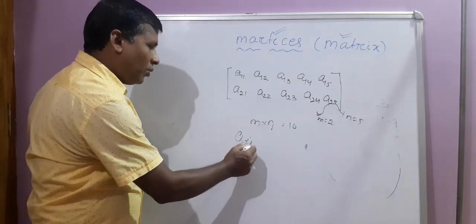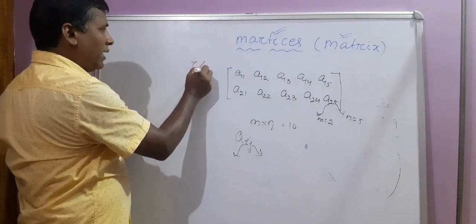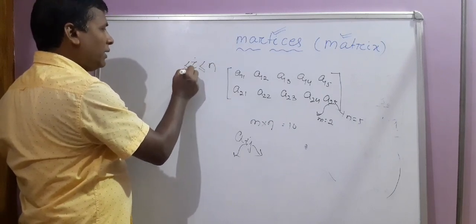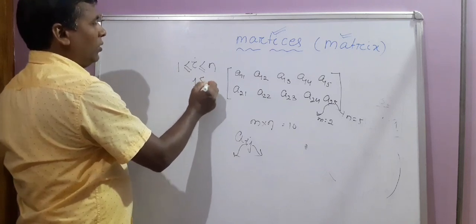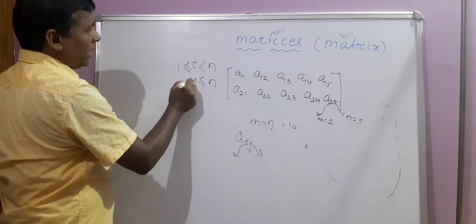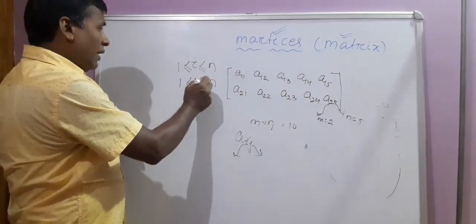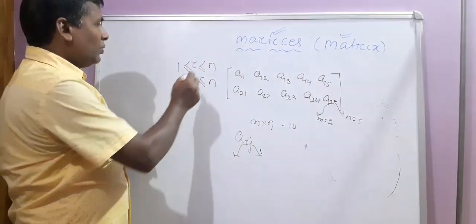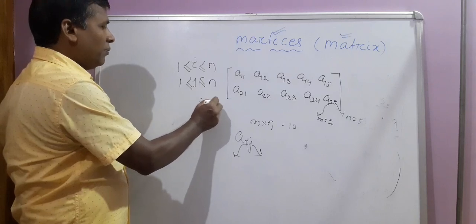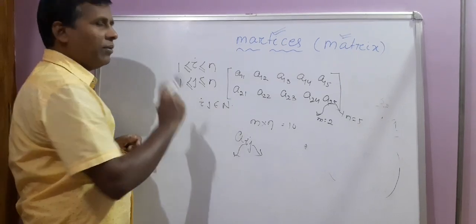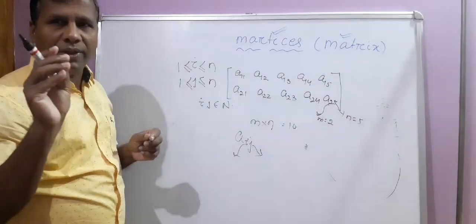I stands for row, J stands for column, where I is less than or equal to M and greater than or equal to 1, and J is less than or equal to N and greater than or equal to 1. So i and j belong to the natural numbers. This is the system of arrangement.